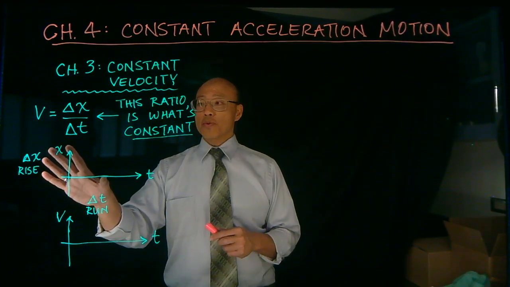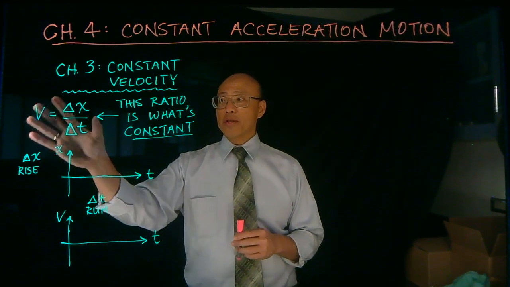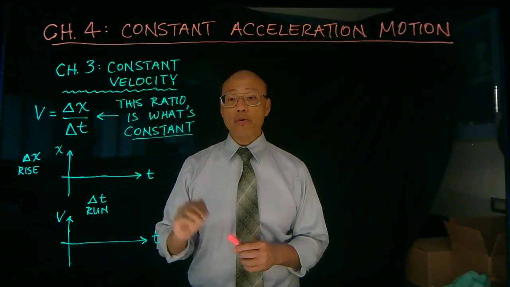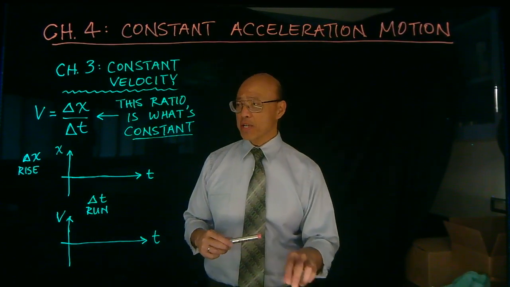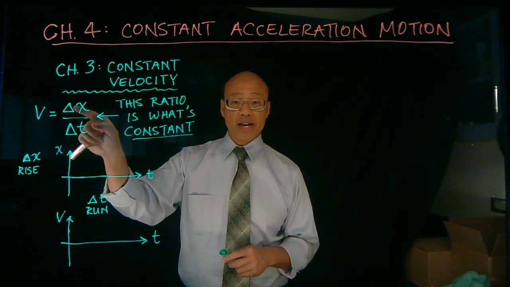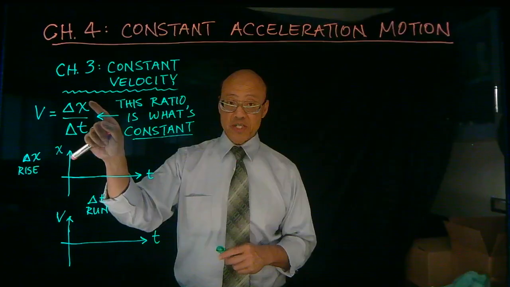Another way to model this definition of constant velocity is to look at it through a graph. And we noticed that if I take that position, which is x, delta x is displacement, right? The change in position.